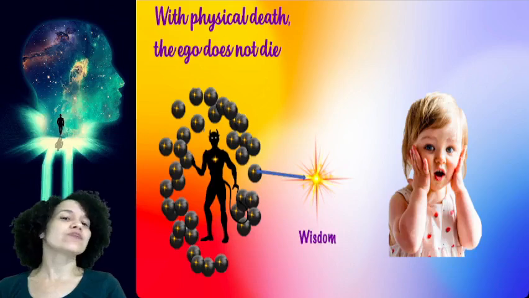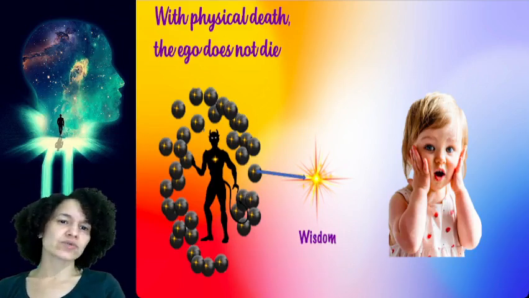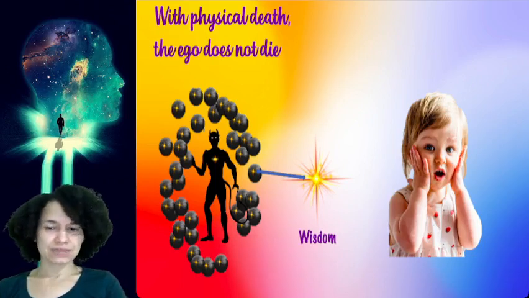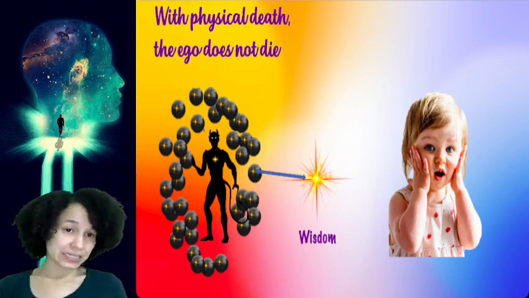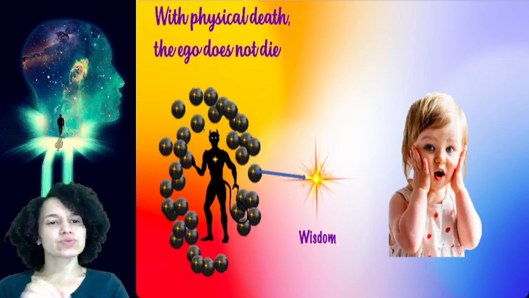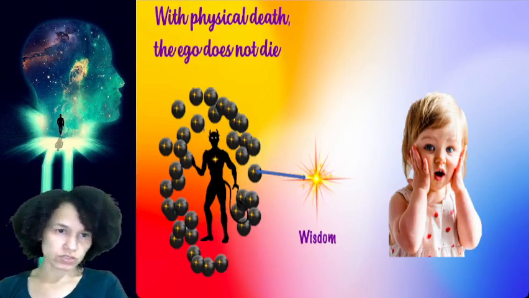And in the infradimensions, the ego will be painfully disintegrated in a process that can take thousands of years to release again the essence that will emerge, but innocent, without any wisdom from that process, to be connected again to the will to live another cycle, to develop another soul.